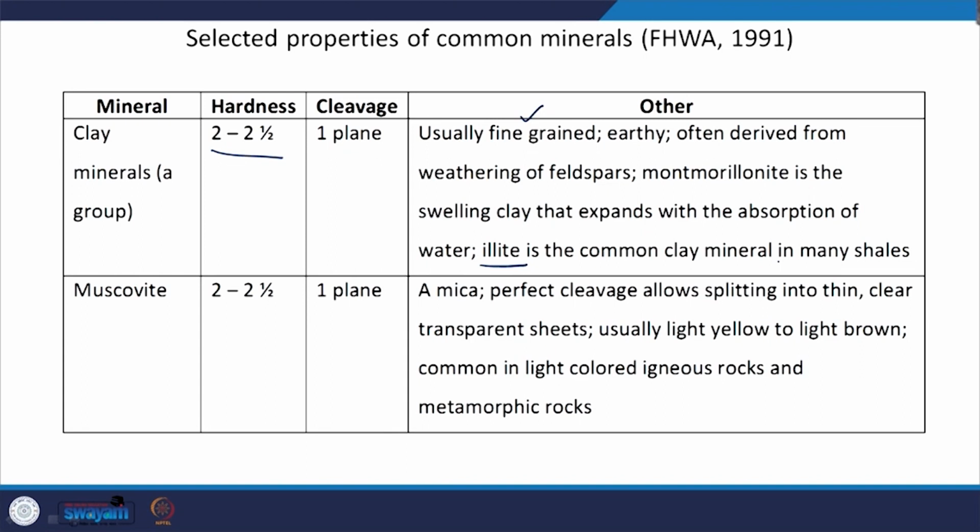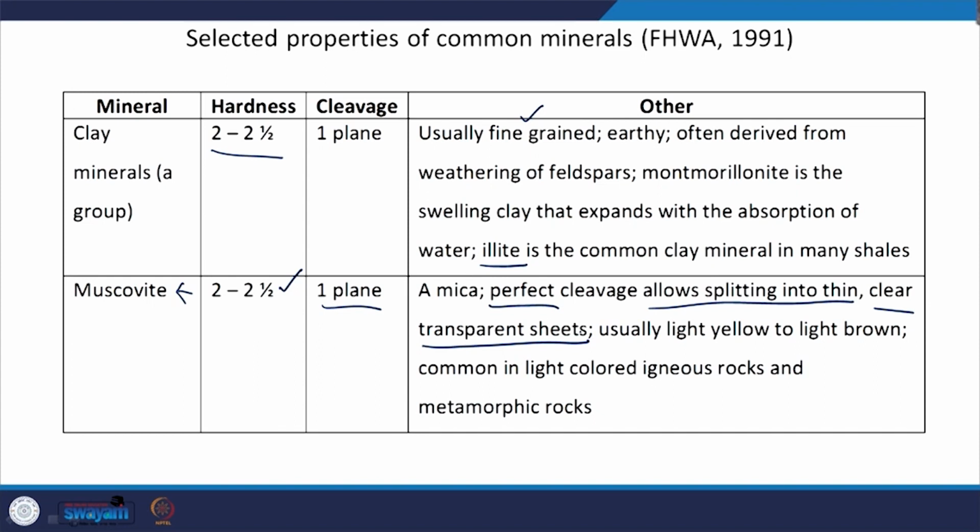Then the next one is muscovite. If you can recall, this is related to the minerals having mica. So, 2 to 2.5 on the Mohs hardness scale with one cleavage plane. And there exists a perfect cleavage plane which allows splitting into thin, clear and transparent sheets.